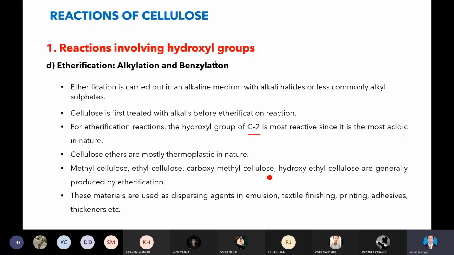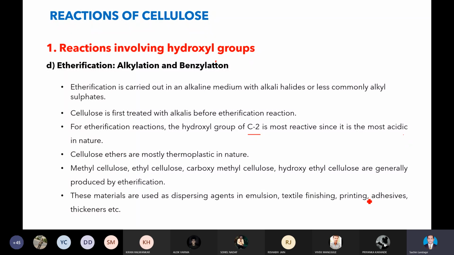We use this CMC as an adhesive in sizing. These materials are used as a dispersing agent in emulsions. We even use it in textile finishing to give a stiff finish. In printing, we use it as a thickener. Whenever you carry out printing, to hold the print paste onto the fabric we need a thickener, and one of the thickeners is CMC.